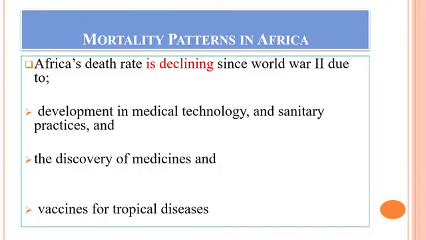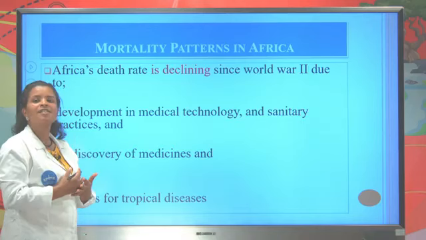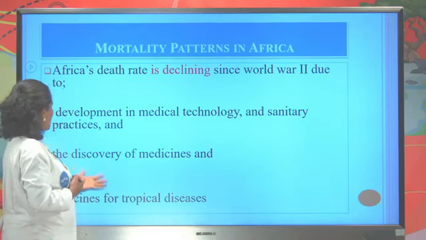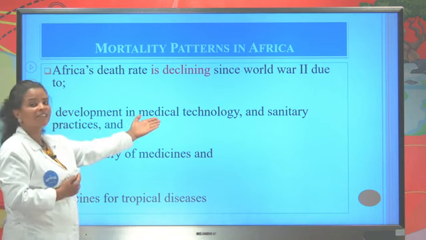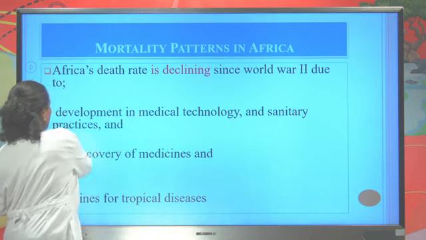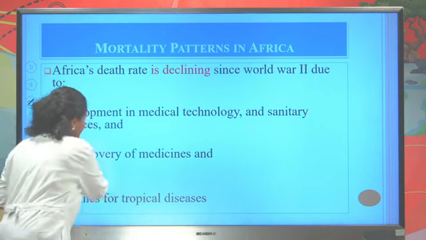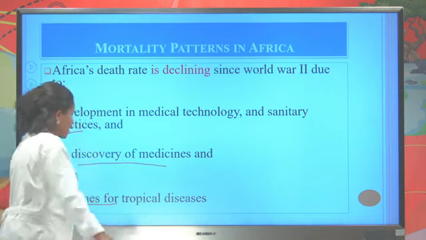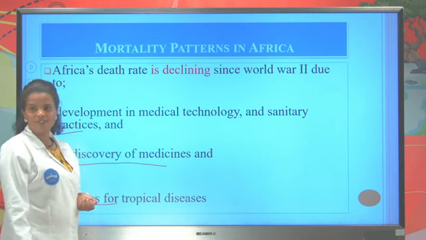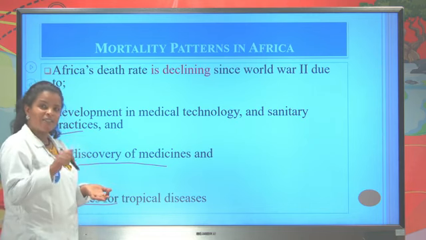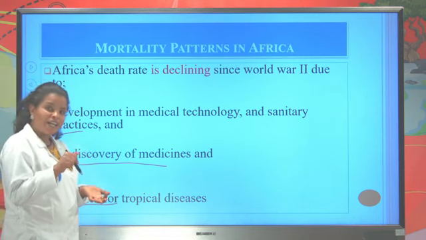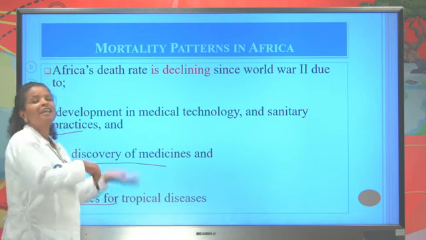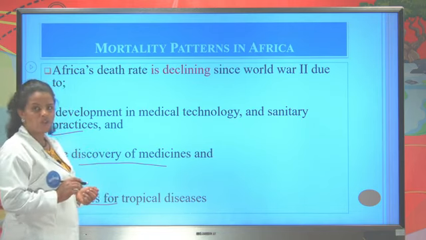After the Second World War, the African death rate declined because of developments in medical technology and sanitation practices, and also the discovery of medicines and vaccines for tropical diseases. The mortality rate of Africa is still very high, but it declined after the Second World War.